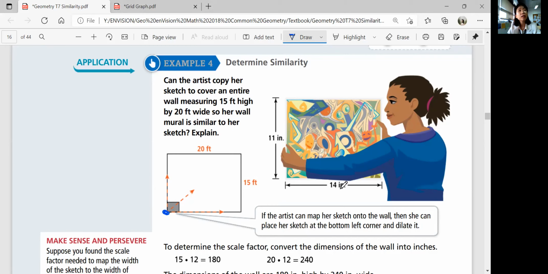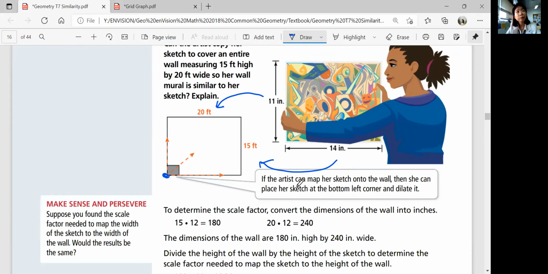So you need to see if 14 inches to 15 feet is also proportional to 11 inches to 20 feet. In order to do that, first you need to convert the inches to feet or feet to inches so that you're comparing the same measurements. So convert the dimensions: 1 foot is equal to 12 inches.